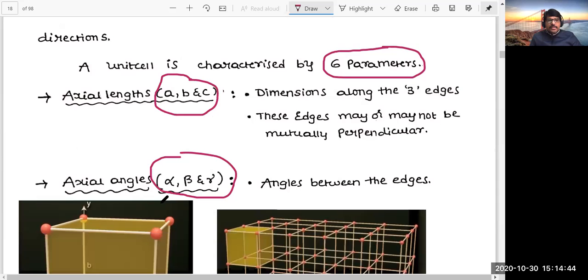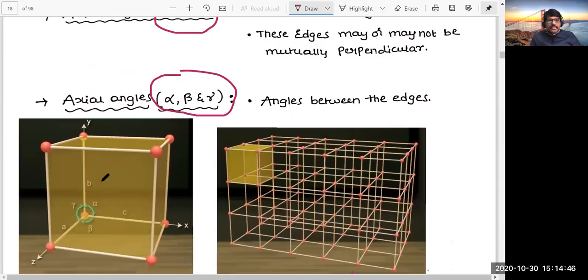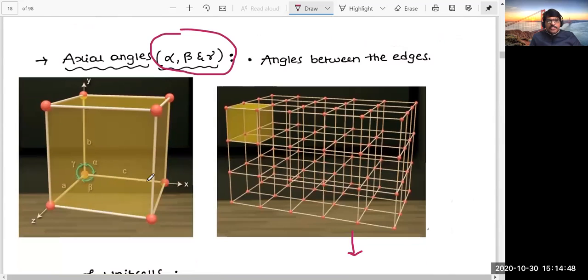See, for example, in this diagram, you can see this is the edge length along the x-axis, this is the edge along the y-axis, and this is the edge along the z-axis. Of course, here we have 4 such edges along the x-axis, 4 such edges along the y-axis, and 4 edges along the z-axis.